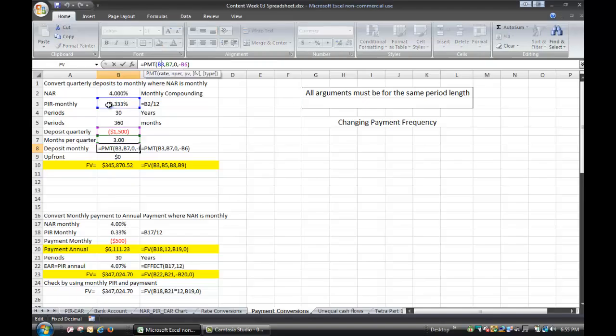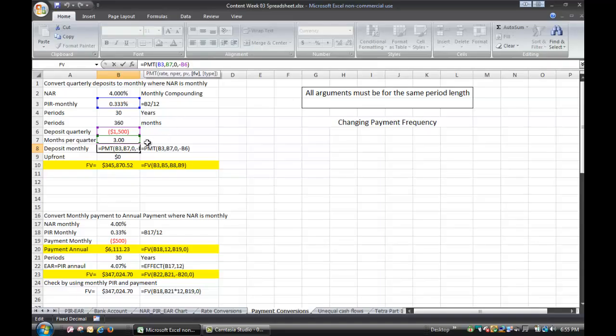The rate is this PIR monthly. Number of periods, B7, 3. We want 3 months per quarter. So we're going to split that into 3 parts. There's no payment. What we have is the future value, I'm sorry.